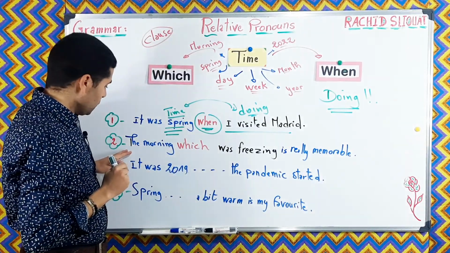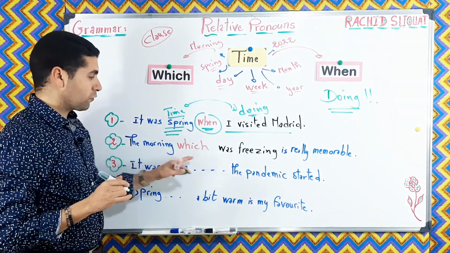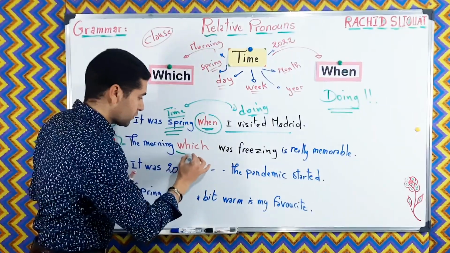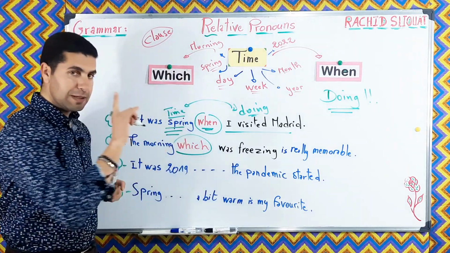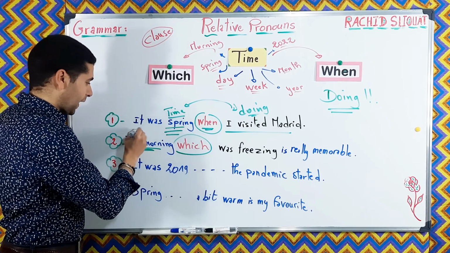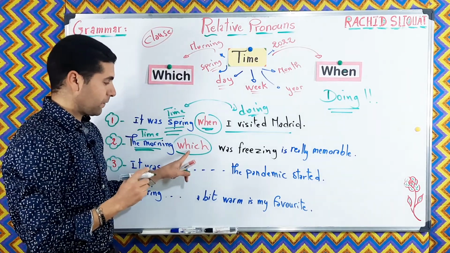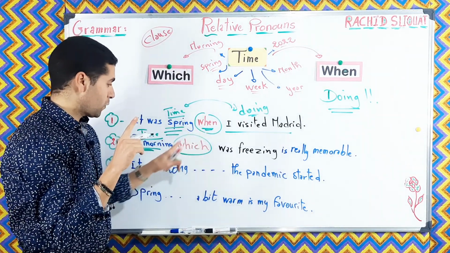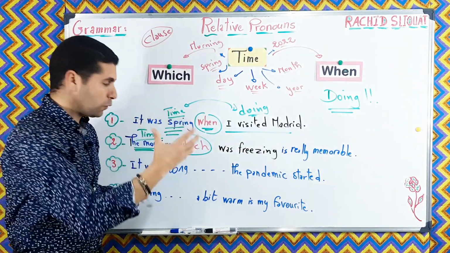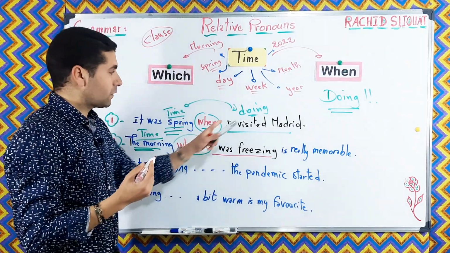Now let's go to number two: the morning which was freezing is really memorable. Here again we have the relative pronoun which, not when, and we have the morning, which is a time. So here we have a time, but with which and not when. Now let's look at the clause was freezing. Is it doing?